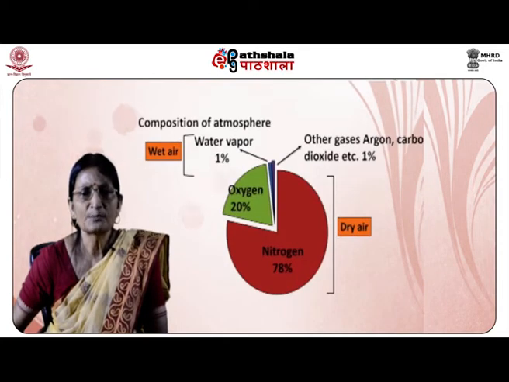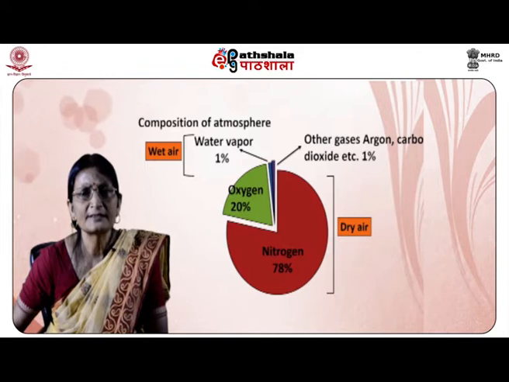So the Earth's atmosphere, as we already said, is made up of air. Air is a mixture of gases. The major components of air are nitrogen and oxygen. There are some minor constituents such as argon and some which are trace constituents, which are the other noble gases, and carbon dioxide.